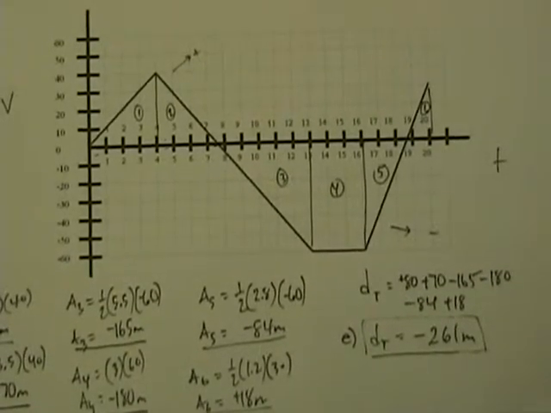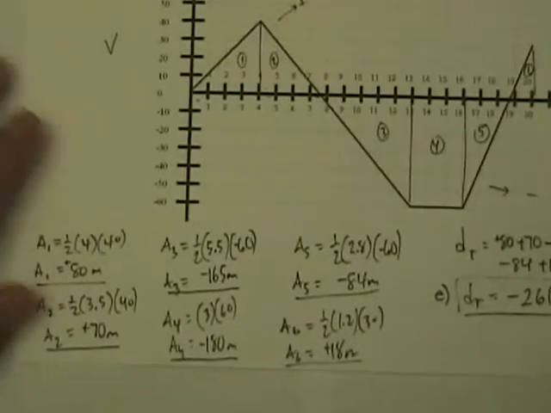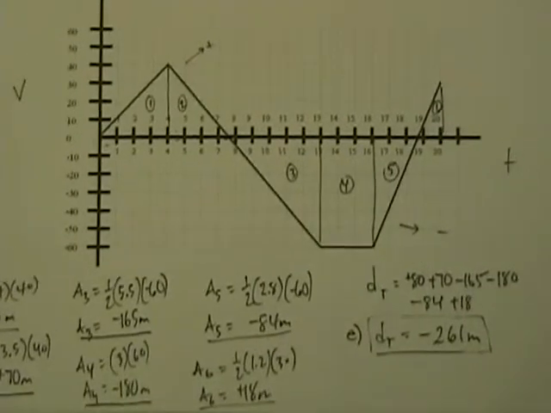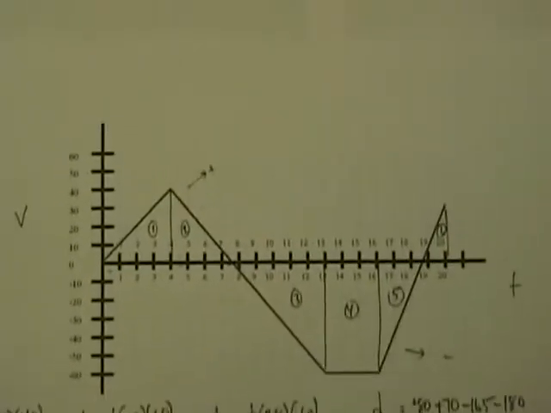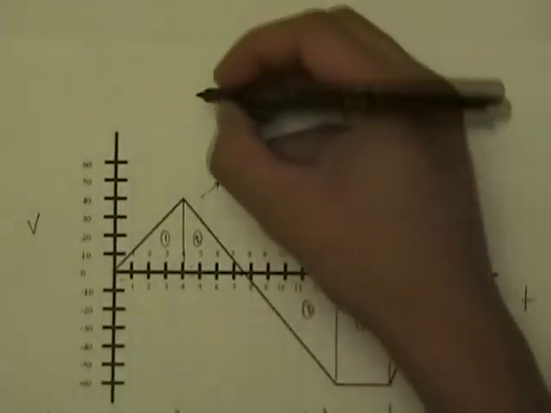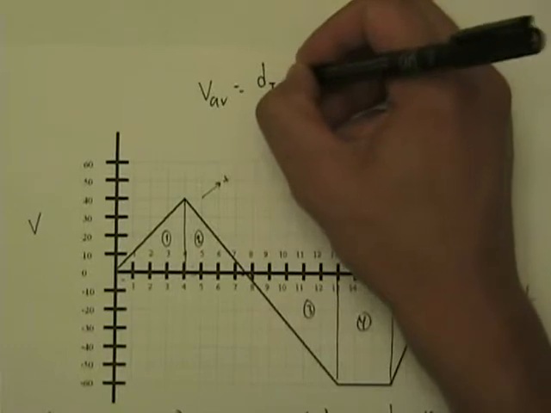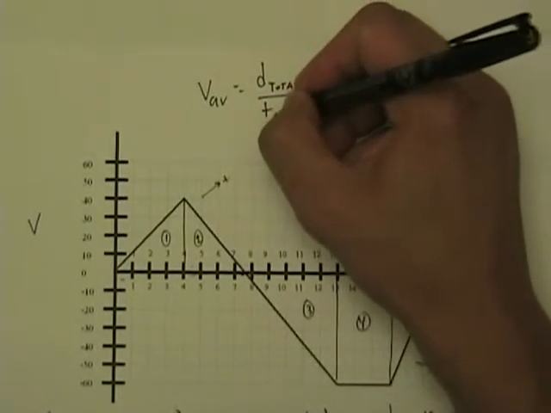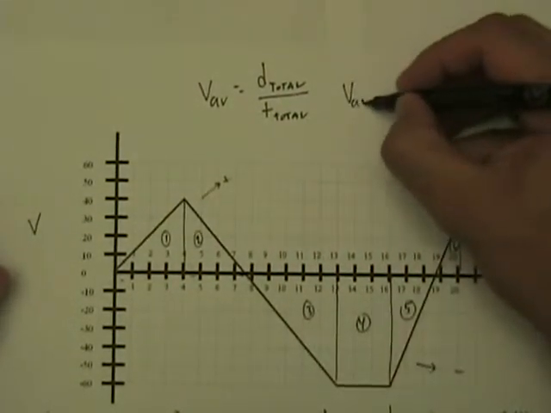F asks us for the average velocity. Now this is the one that I said was kind of tricky, and tricky in the sense that we're going to need to use the total displacement. Average velocity is total displacement over total time. If you do that on a VT graph, you can find your average velocity.